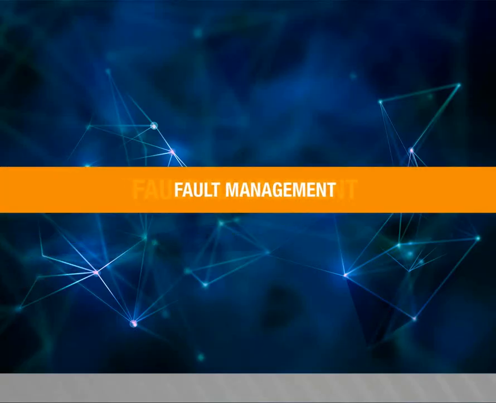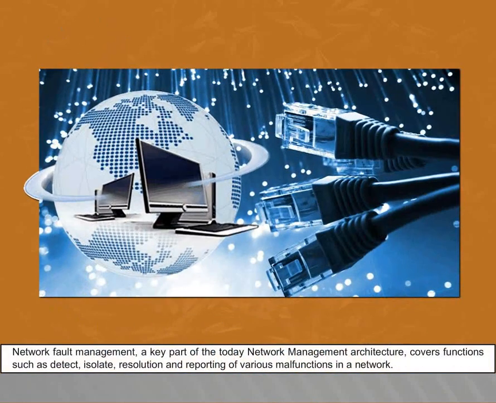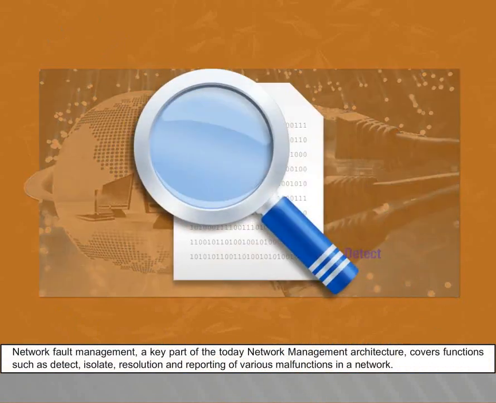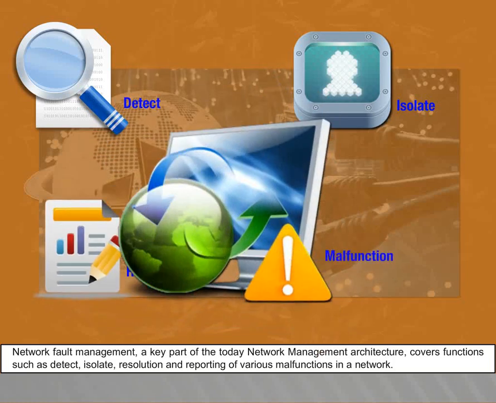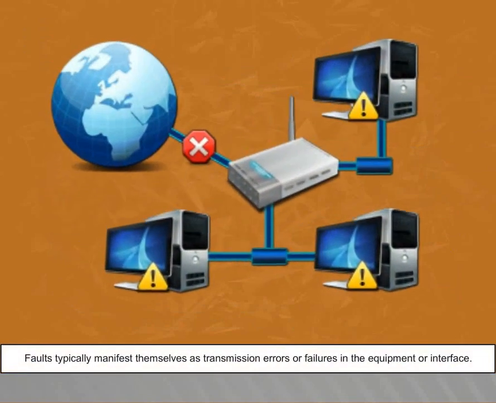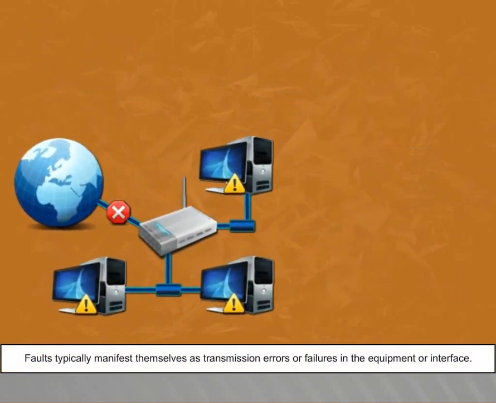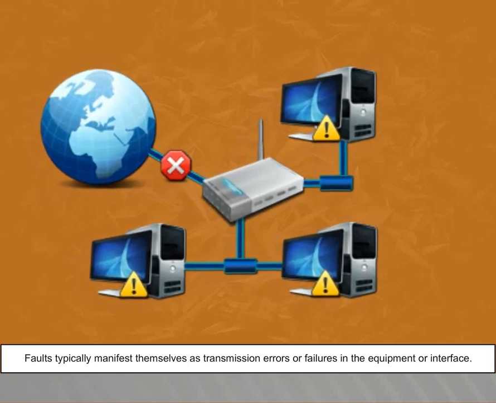Fault management. In this video, we are going to see about fault management. Network fault management, a key part of today's network management architecture, covers functions such as detection, isolation, resolution, and reporting of various malfunctions in a network. Faults typically manifest themselves as transmission errors or failures in the equipment or interface.